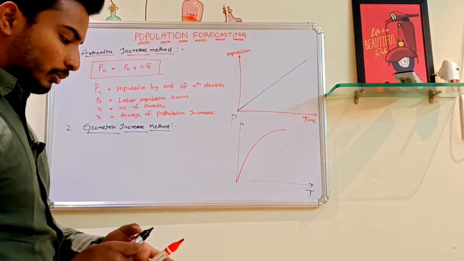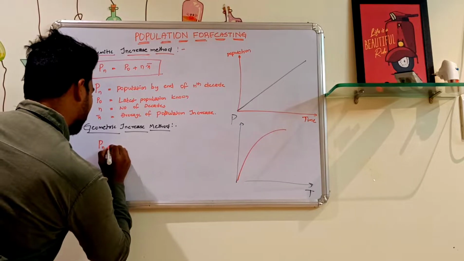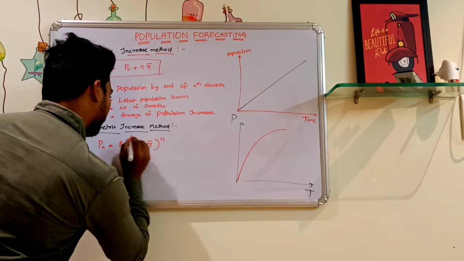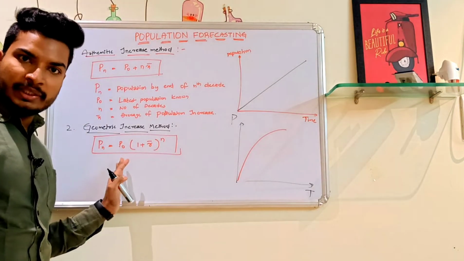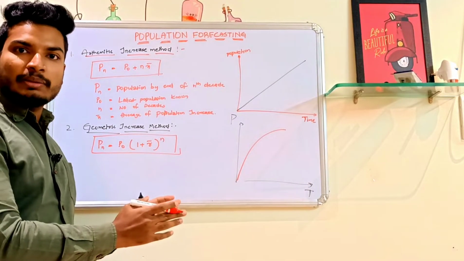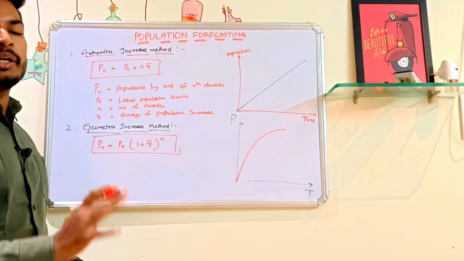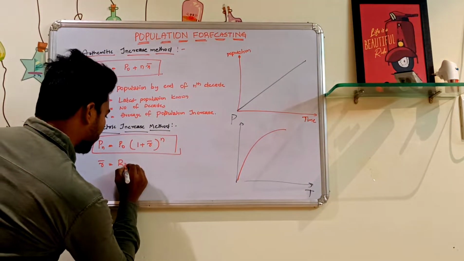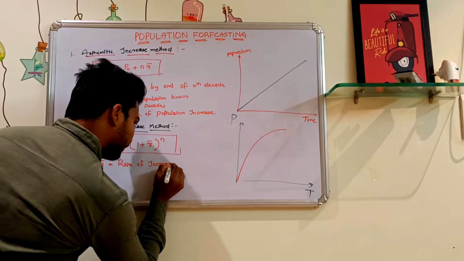So in this geometric increase method, the population can be forecasted by the formula Pn is equal to P naught into (1 plus R bar) whole power n. So here we know what is Pn. Pn is the population in the future that we are going to estimate, and P naught is the present latest population that we know, and n is the number of decades that we are calculating, and here R bar is the rate of increase of the population.